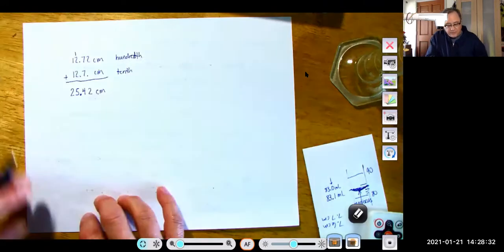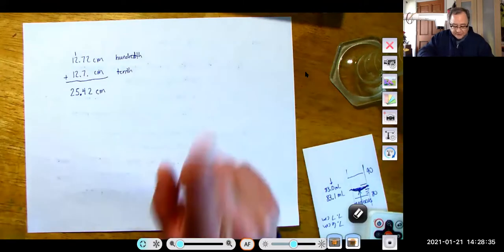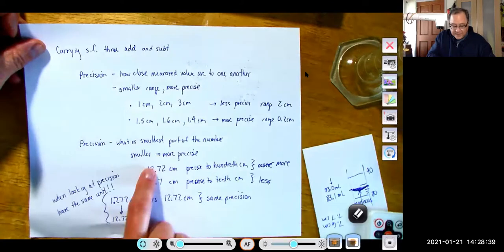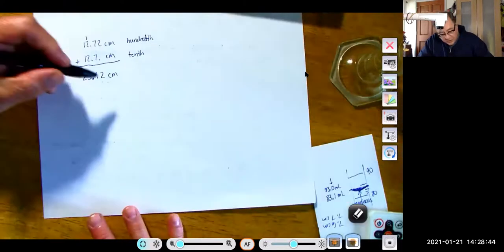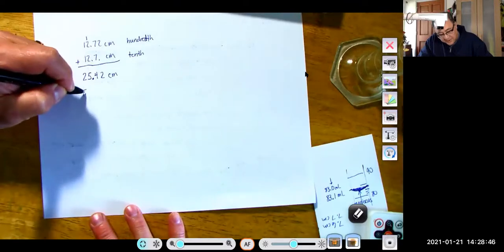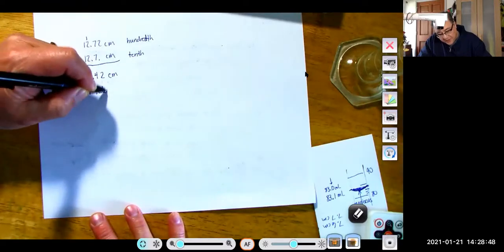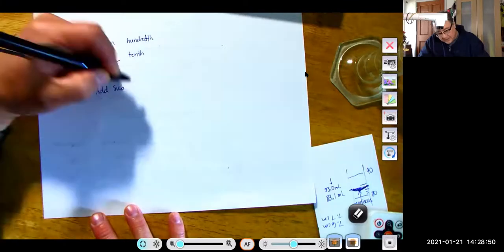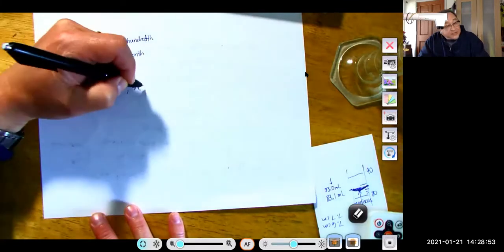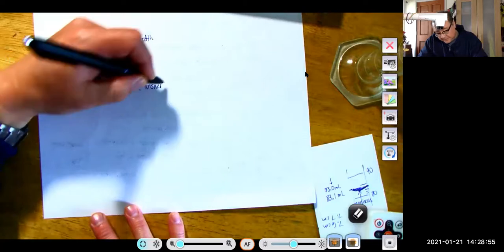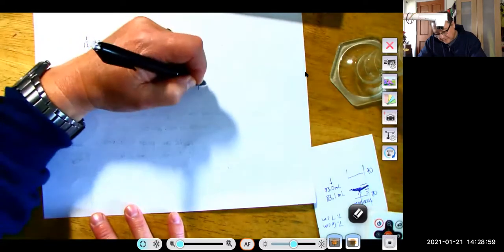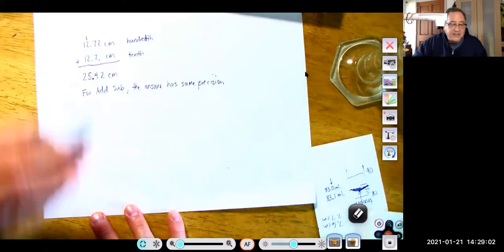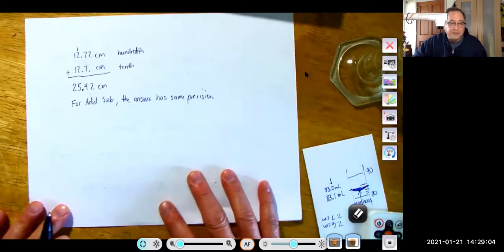And here's the rule for addition and subtraction. So we didn't actually tell you the rule. So here comes the rule. For addition and subtraction, the answer has the same precision as the beginning number that is the least precise.